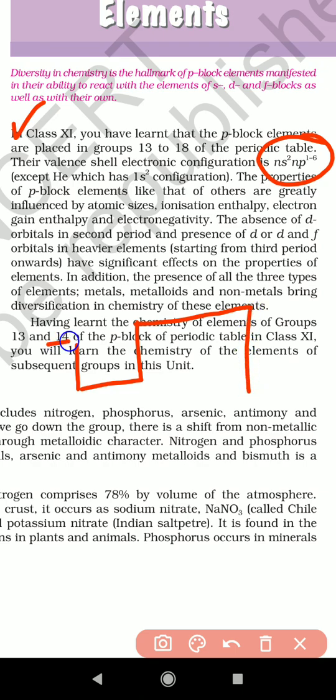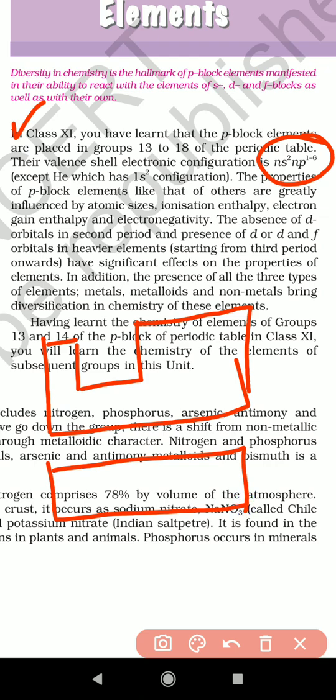Just all of you see that. This is the block diagram of the modern periodic table. On the left side, 2 columns are present, and these 2 columns are called S block elements.